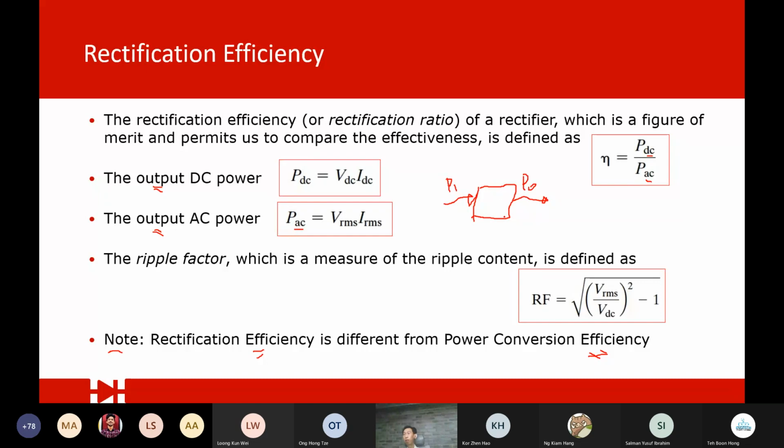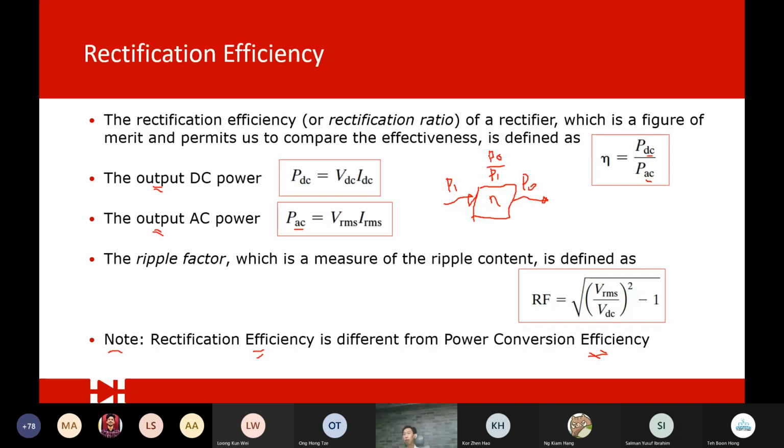That's why power conversion efficiency is applicable to all four converters. The efficiency of these converters is basically the power of output over the power of input. That is what we call power conversion efficiency.